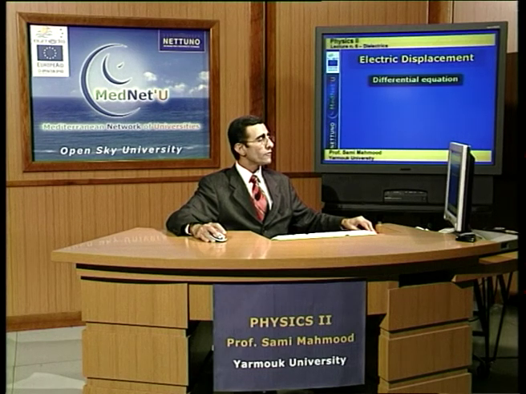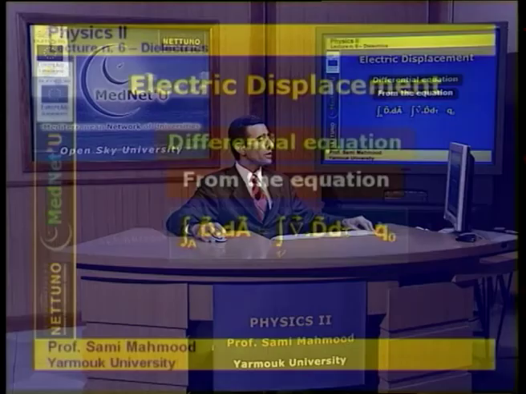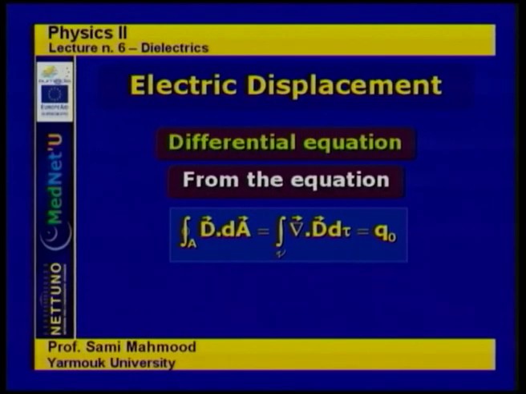The differential form of the equation we can get from the integral form, D dot dA is equal to Q naught. We convert the surface integral into a volume integral: D dot dA is equal to div D d tau.